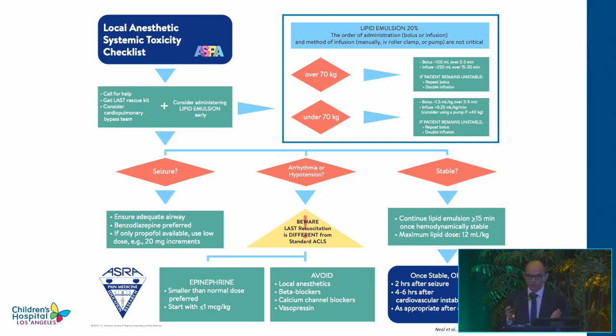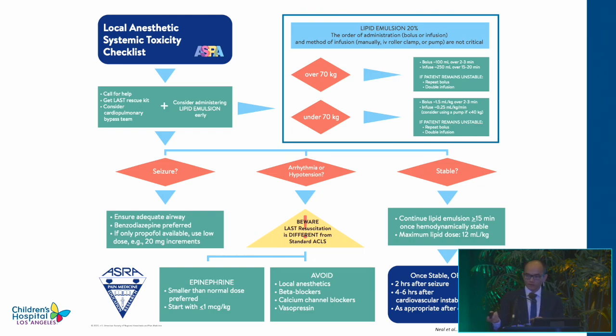So it's basically my talk in one slide. And it tells you what to do and what drug to use. You start from the left upper corner: the patient has symptoms, so you call for help and find out where the intralipid is. And then if you decide to give intralipid, the dosing is on the right side.